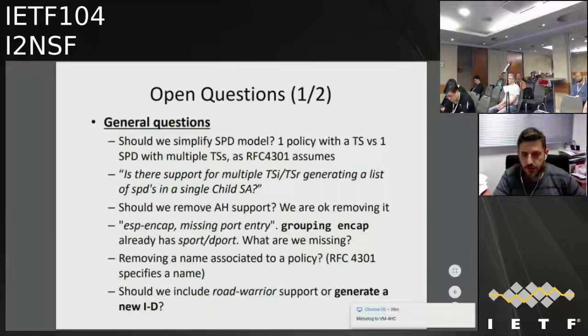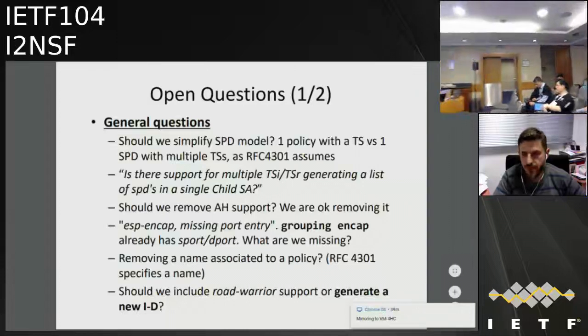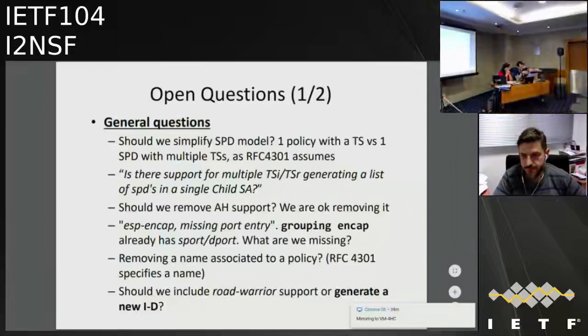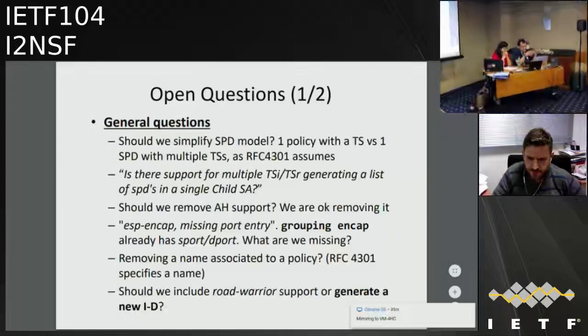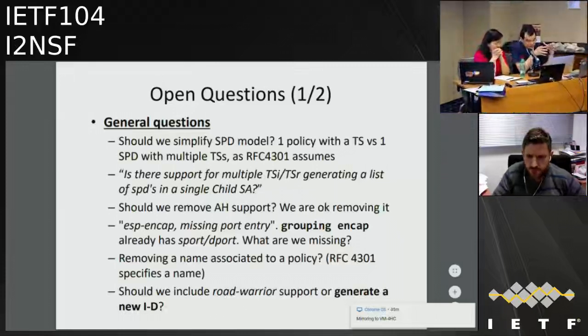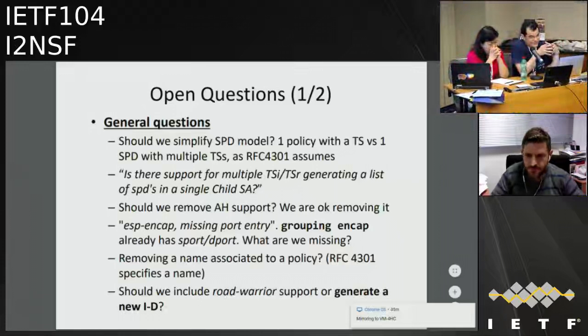I tend to agree that this should be in a separate Internet-Draft, for no other reason than that we are likely not controlling the road warrior's machine with the SDN controller. It's usually a phone or a laptop or something that's not really under our control. In that case, we're just configuring sort of a VPN gateway, and then it's different enough that it should be its own thing, I think.